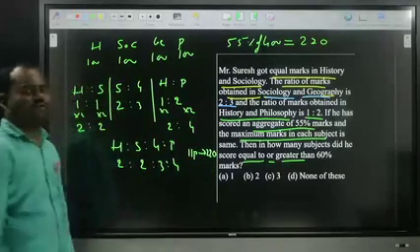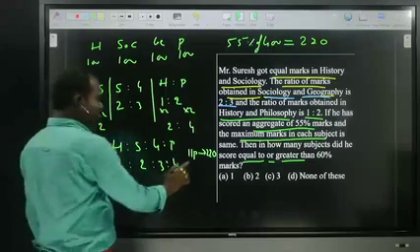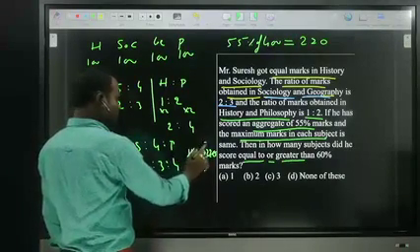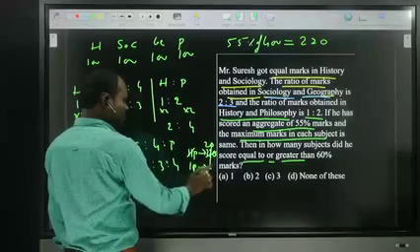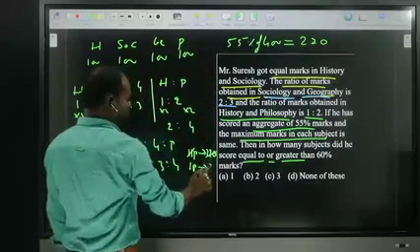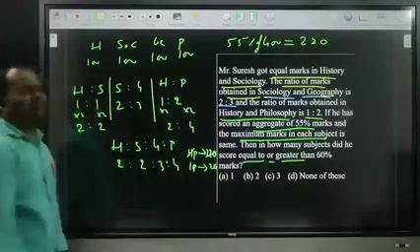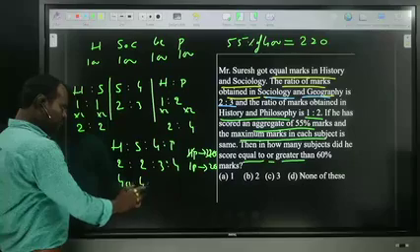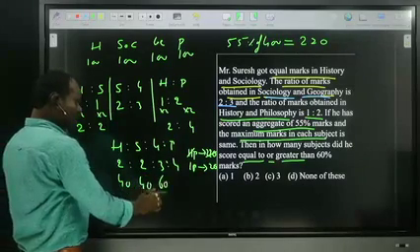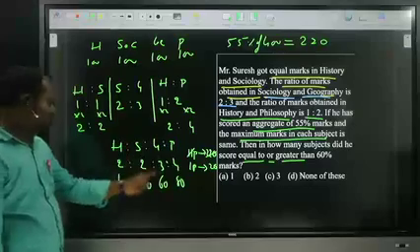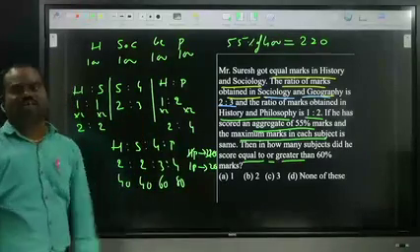Then what is one part? 220 divided by 11 is 20. One part is 20, so two parts is 40, and the scores are 40, 40, 60, 80.